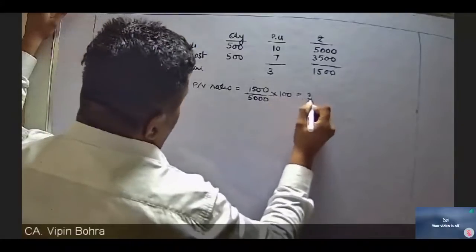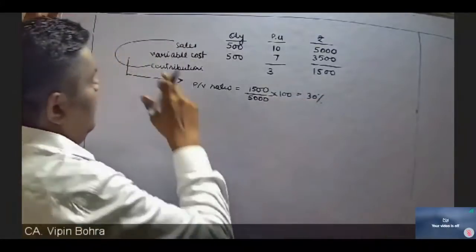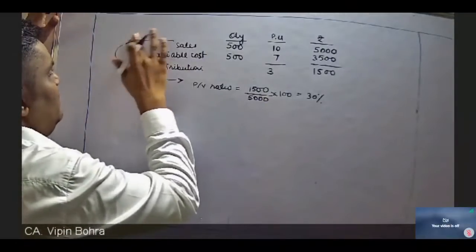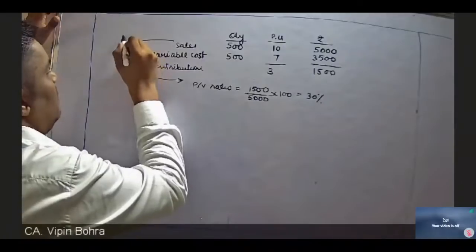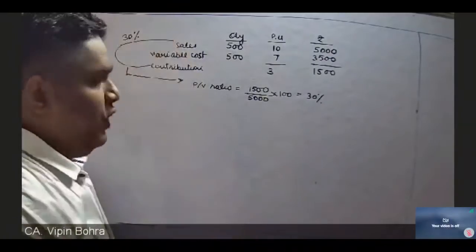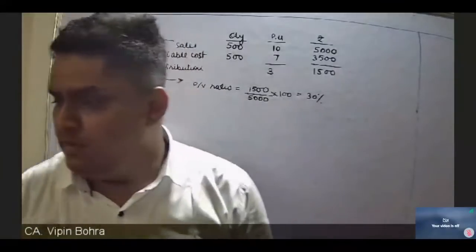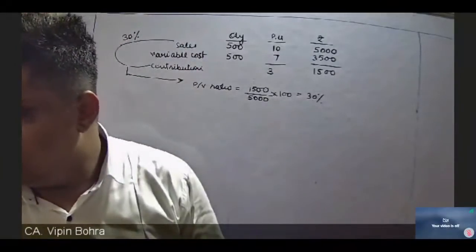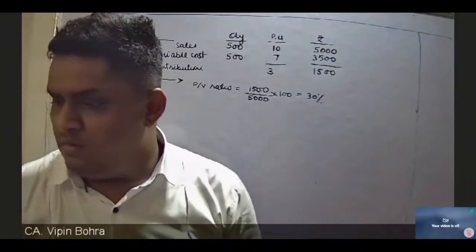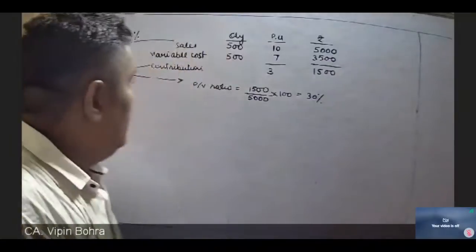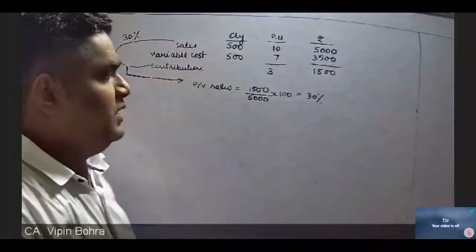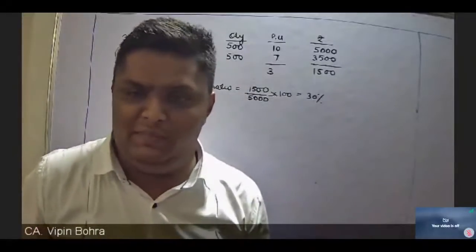It means the percentage of contribution to sales is 30%. Now we have got the relationship between contribution and sales, and we know it is 30%.